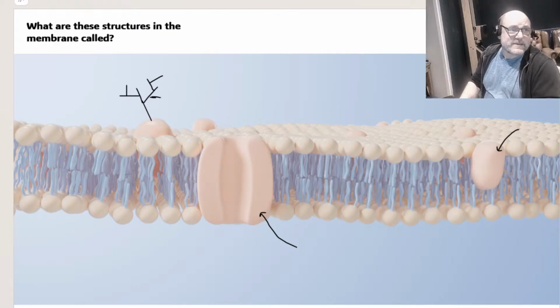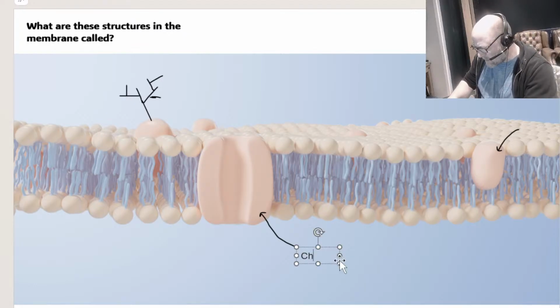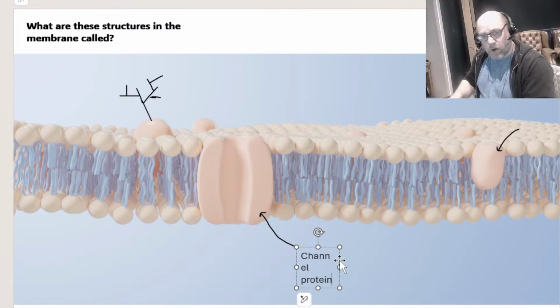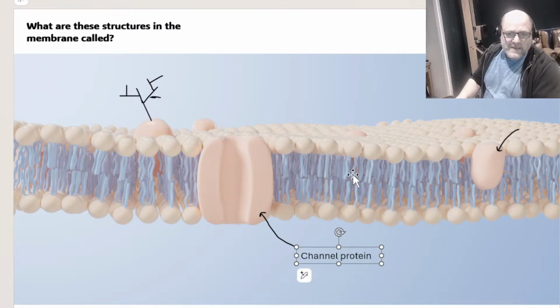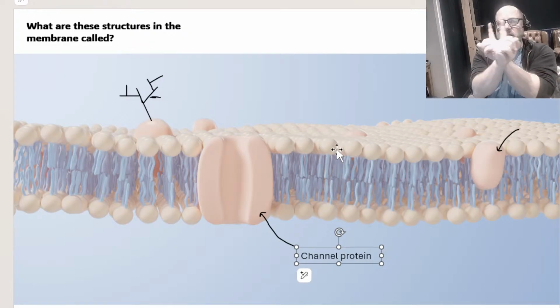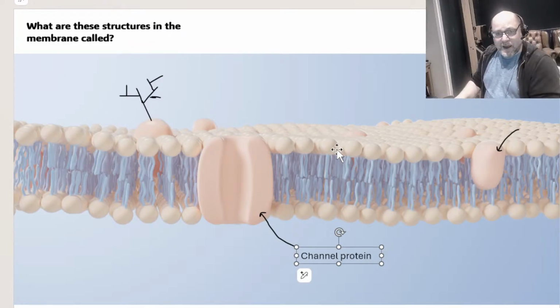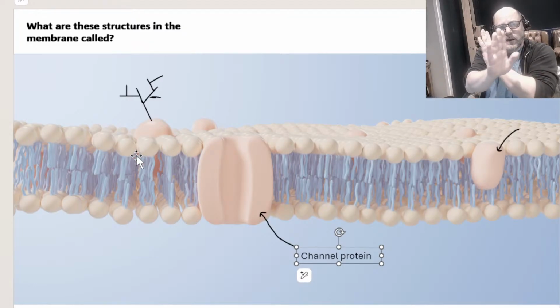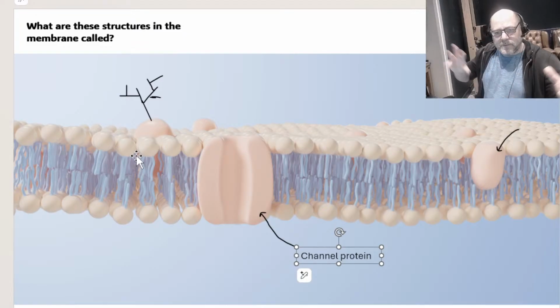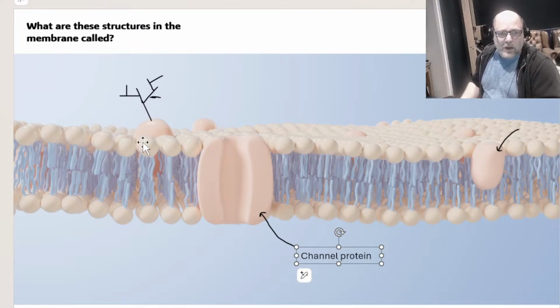So this one here is a channel protein, and some of these things can move and some of them don't. It's called the fluid mosaic model because these phospholipids are not static, they're moving around each other, rotating, and some of these proteins can move as well. They can wander about, and others are actually scaffolded in, structured in, and they can't move. They're locked into place.